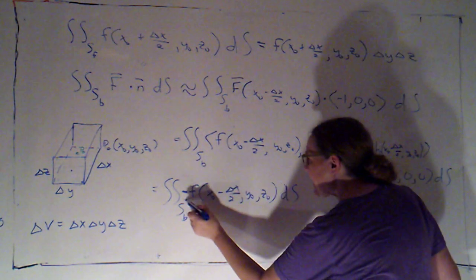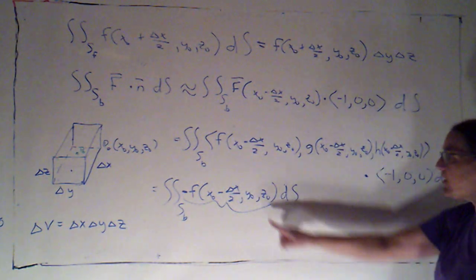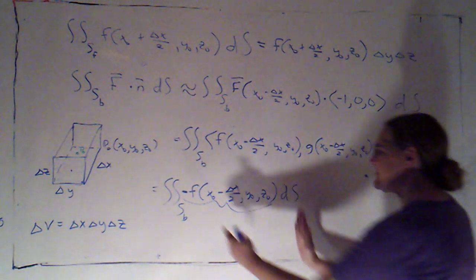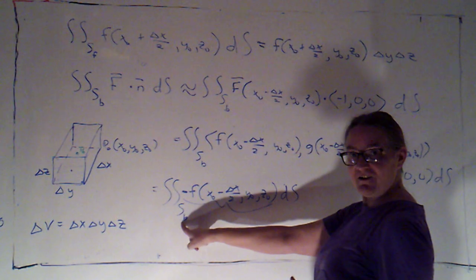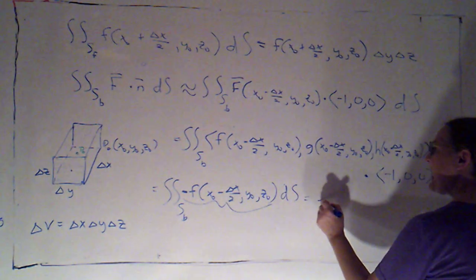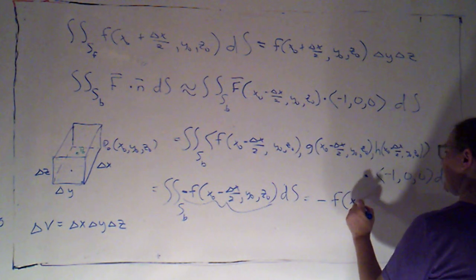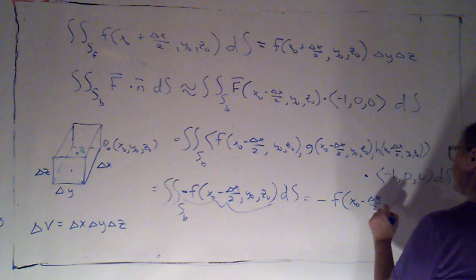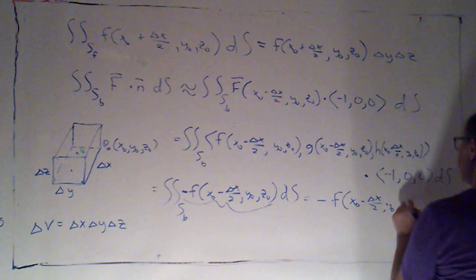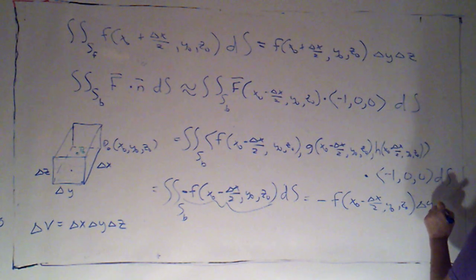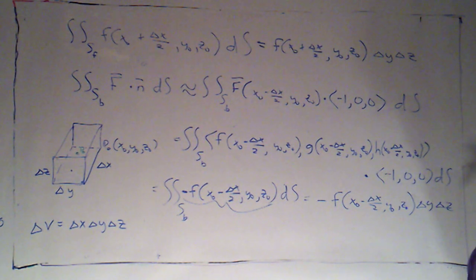But because I've approximated with a constant value, that is constant. So I'm just going to get this constant times the area of the back surface, but that's negative f at x naught minus delta x over 2, y naught, z naught, times delta y delta z.